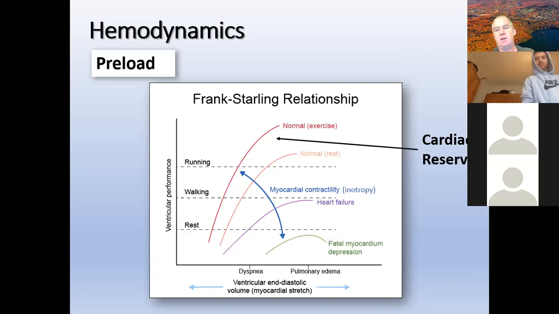You've got high pressure in the pulmonary artery, that pressure backs up to the capillaries in the lungs, and it forces fluid out into the alveoli, and that's pneumonia. And that's how people usually die of heart failure in the end.